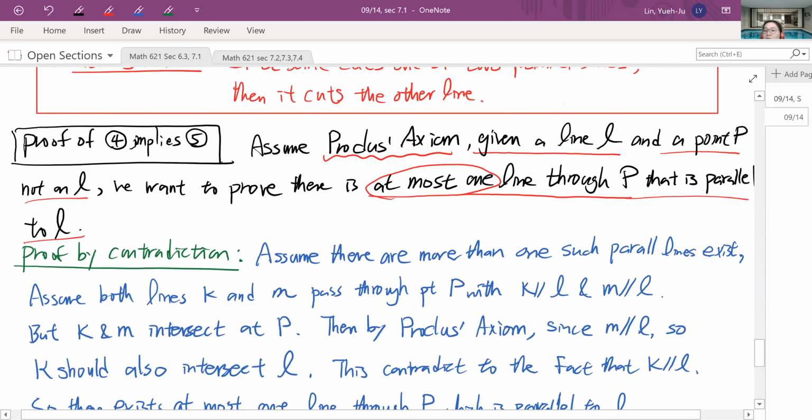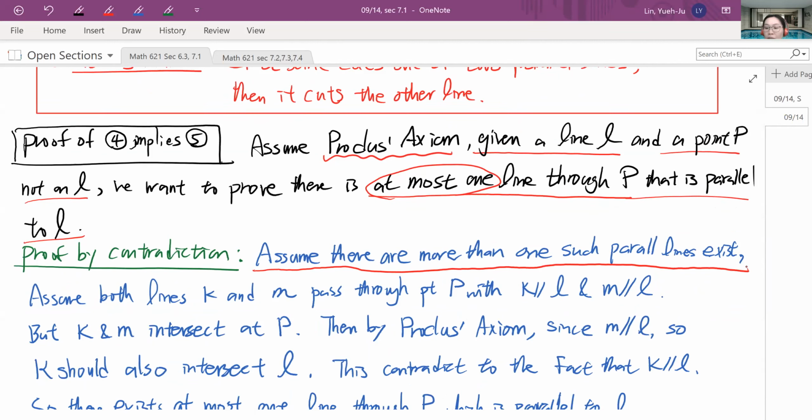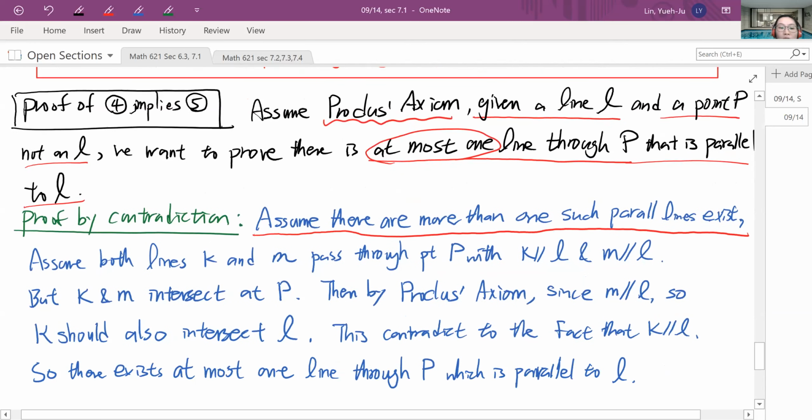The negation of at most one means that it's more than one, right? So instead of at most one, I want to assume what if there is more than one such parallel line. More than one, of course, you can say 2 or 3 or 4, but 2 is enough, okay?